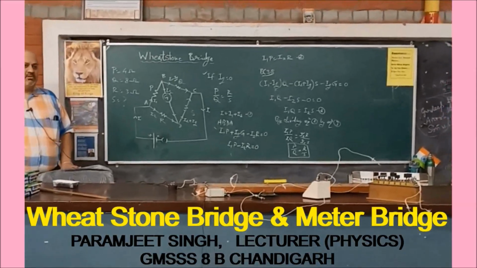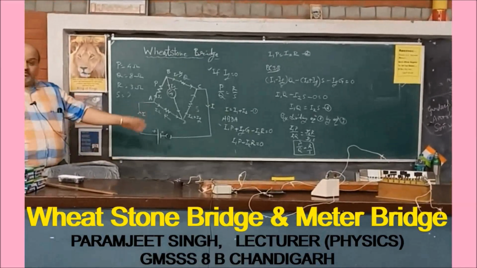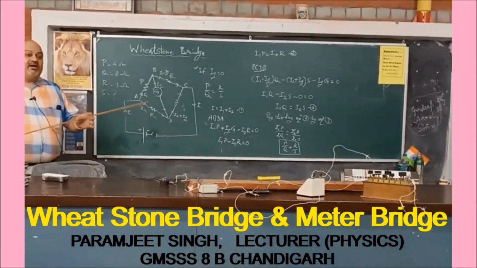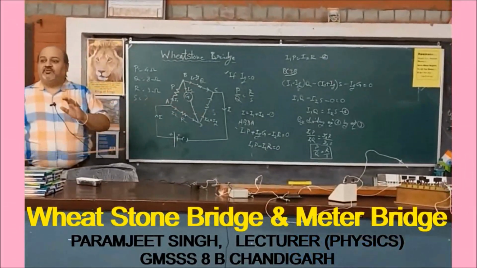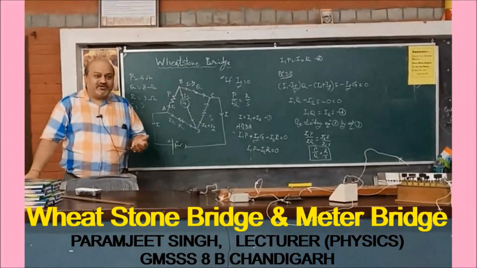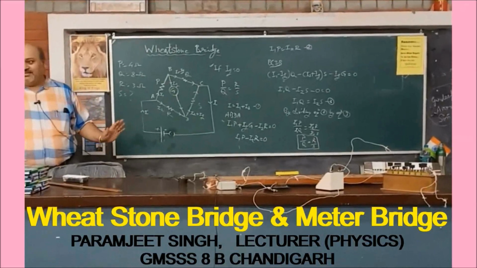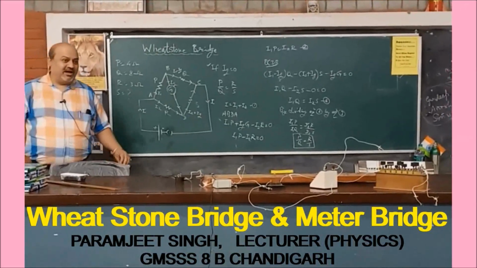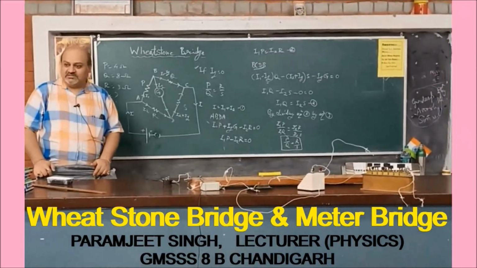Anyone? 6. How? You have applied the formula. I have connected 4 resistances. Out of 4, I know the value of 3, and the 4th is unknown for me. But by applying this concept, I can know the value of the unknown resistance.